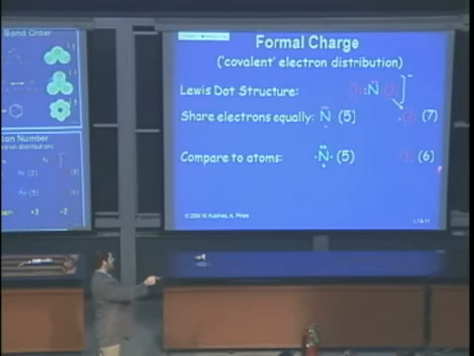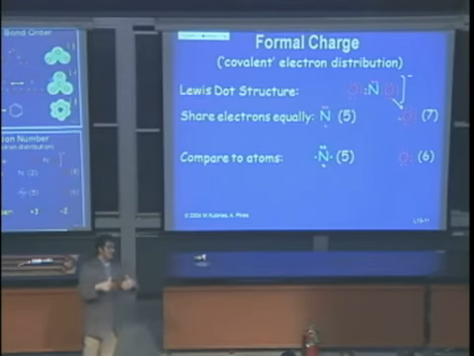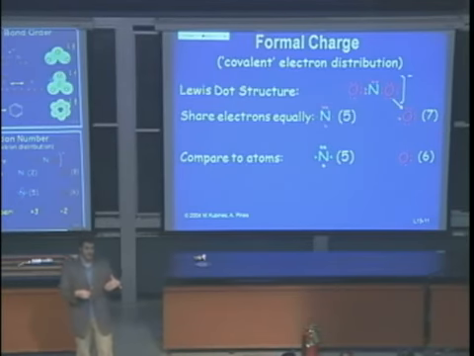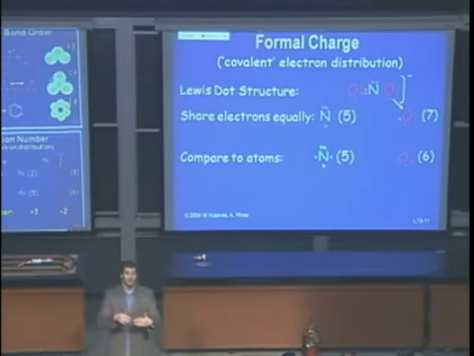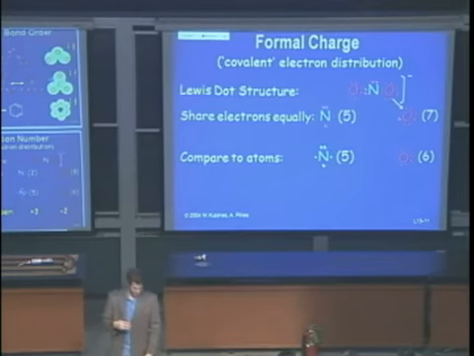On oxygen, it has 6 valence electrons. But in my Lewis structure, I've got 7 electrons around this oxygen. So I have 1 more electron on oxygen than I do valence electrons in a neutral oxygen. So its formal charge is going to be -1 because it's carrying an extra electron relative to its nuclear charge.